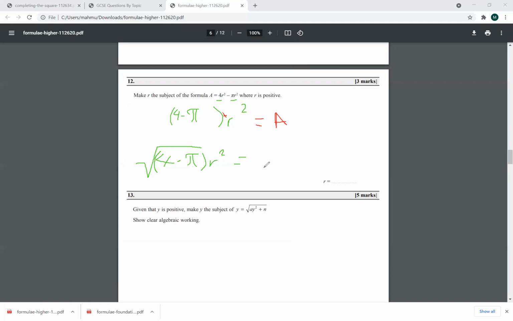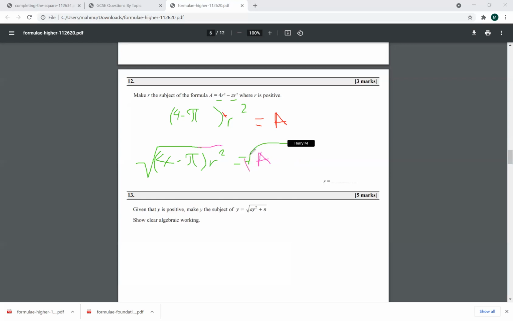So you're jumping steps again. So you put the A down. Now, what's going to happen to the A on this side if you put a square root there? You put a square root on this side, so what am I going to do on this side as well? Square root, yeah.